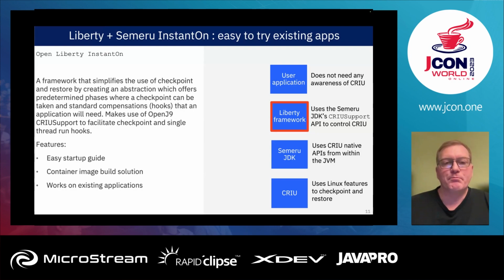At the Liberty layer, there are only a couple of options for where you can choose to do your checkpoint, and that dramatically simplifies how things are going to work. The first option is that you can take a checkpoint before applications are initialized, which means you're checkpointing all of the work that Liberty, the application framework, has to do in order to get to the point of initializing applications.